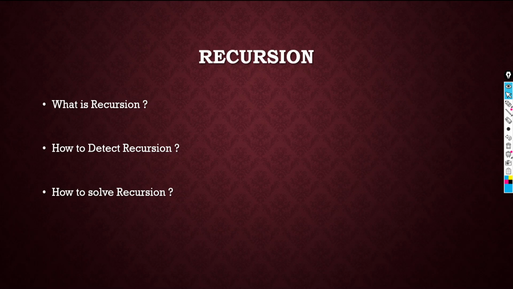How to detect a recursion? Let's suppose you are following a method, and that method's input variable is being changed again and again, and at some point of time there is one end goal also. So the first point you need to check is whether that method has an end goal.